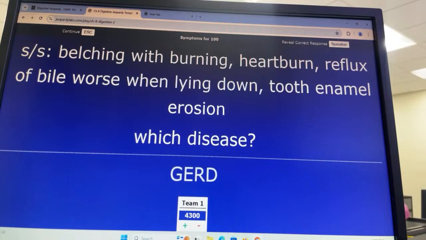Yep. So remember, it's that constant reflux of stomach acid that is going to cause problems with the teeth eventually. People with bulimia also tend to have tooth enamel issues because they're constantly having stomach contents coming out. And it's also worse when lying down, right? Because that esophageal sphincter doesn't work. So if you lie down, the stomach contents just come right up the esophagus. It doesn't have to work against gravity.